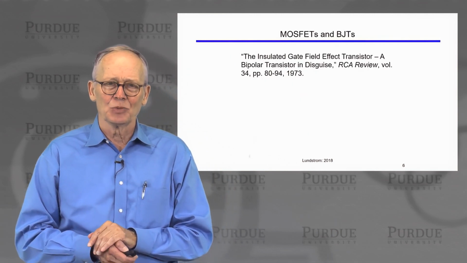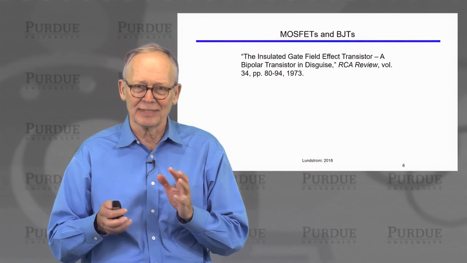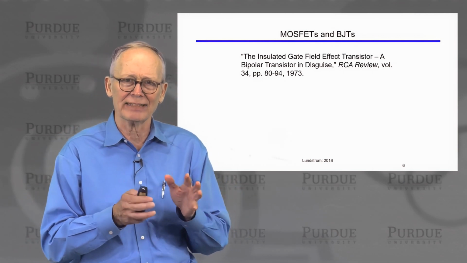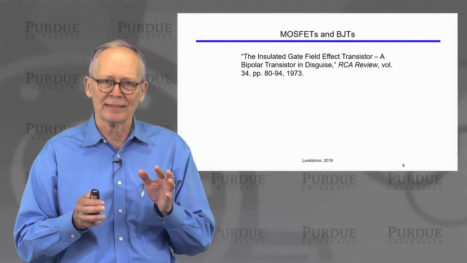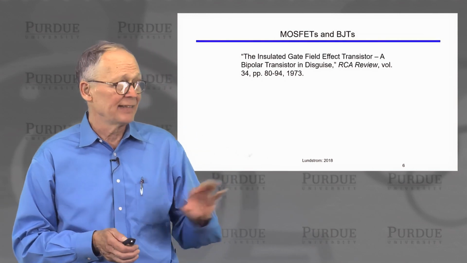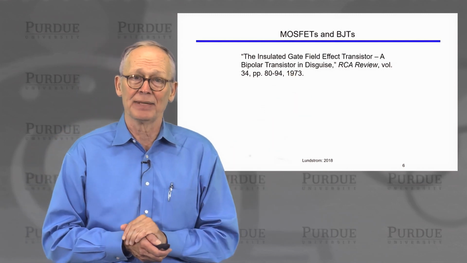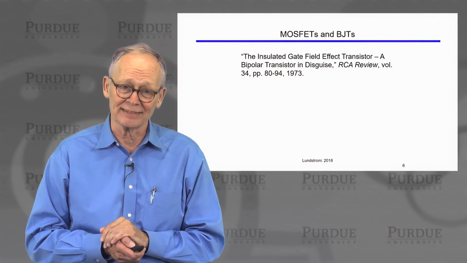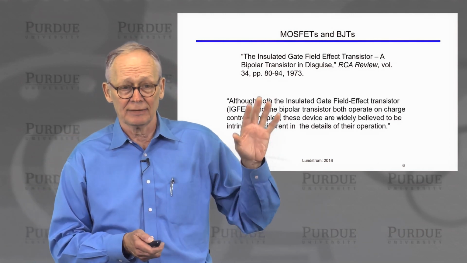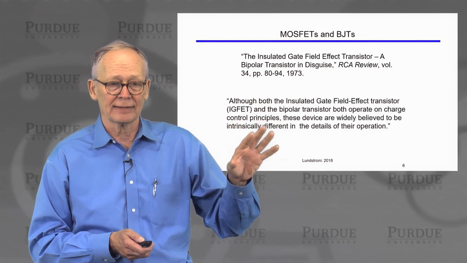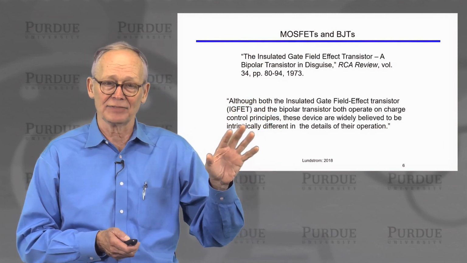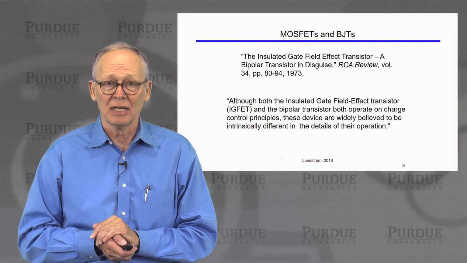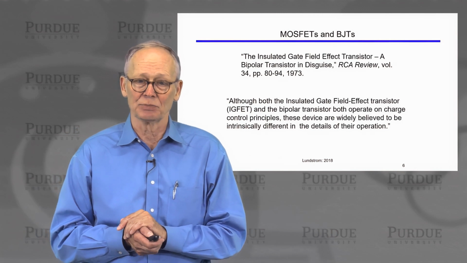Now, there is a widely held view by people that bipolar transistors and MOSFETs are inherently different types of devices that operate on different principles. That, in fact, is not true. It's been understood for a long time. I can refer you to this very old paper from 1973, where it was pointed out that the insulated gate field effect transistor, what we now call a MOSFET, and the bipolar junction transistor operate on really the same physical principles.